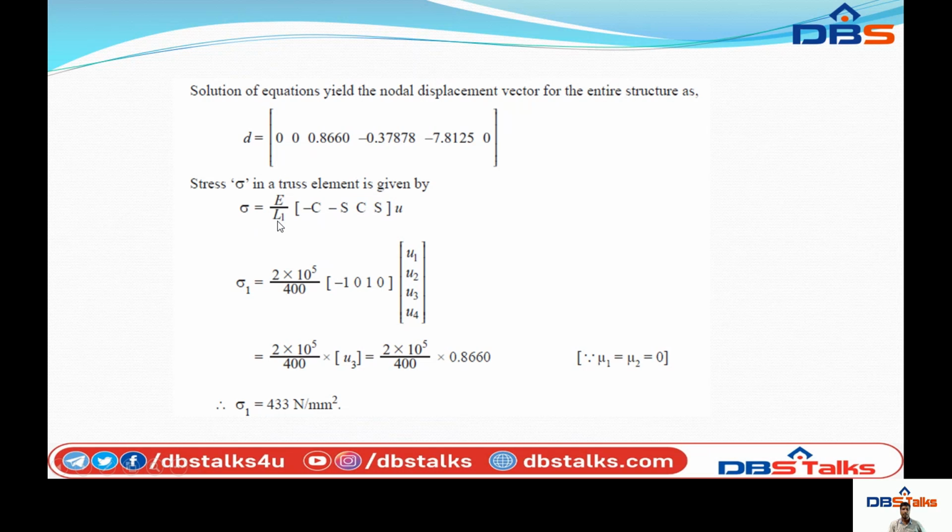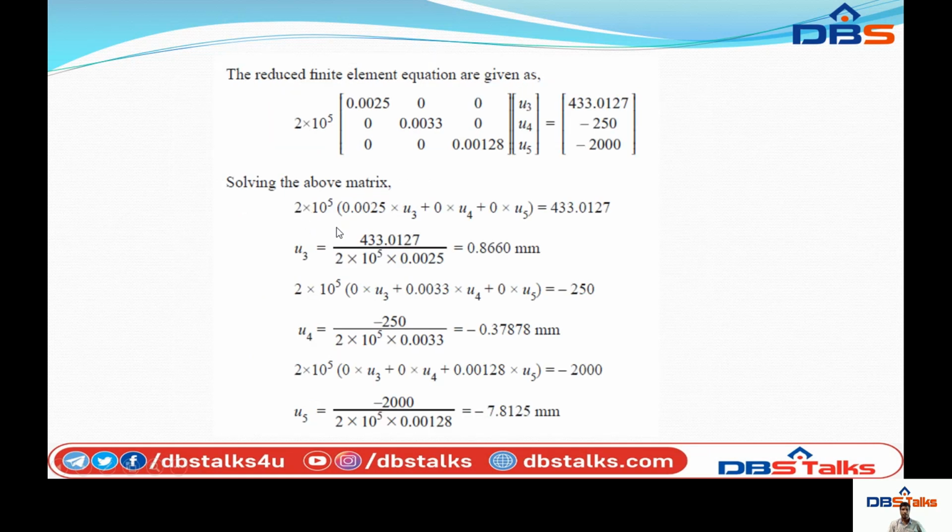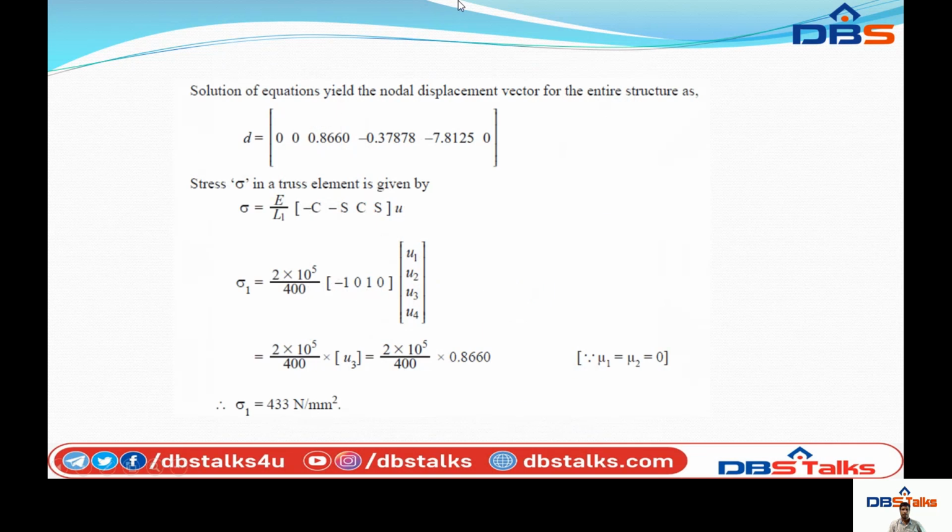Sigma equals E by L times minus C, minus S, C, S, U. For element 1, Young's modulus is 2 into 10 to the power of 5, and the length is 400. Instead of C and S, you have to take the values of L and M: minus 1, 0, 1, 0.